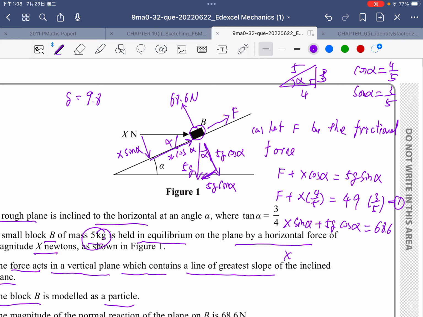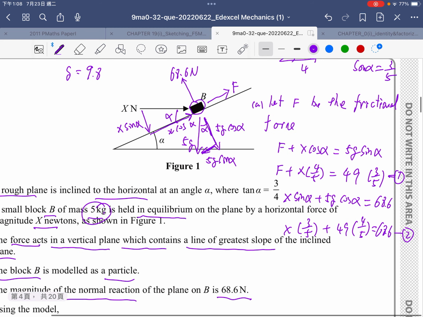After simplifying, 49 times 4 over 5 equals 39.2, plus this is 68.6, which is equation 2.